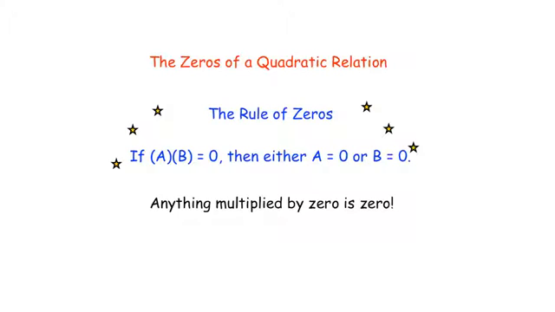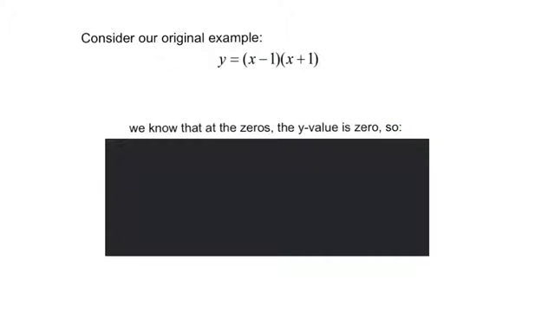Okay. So, why does this matter to us? Well, let's consider that second example that you did from the exercises a moment ago. Our equation was y equals x minus 1, x plus 1. I think I have the order of these switched around, but it doesn't really matter.